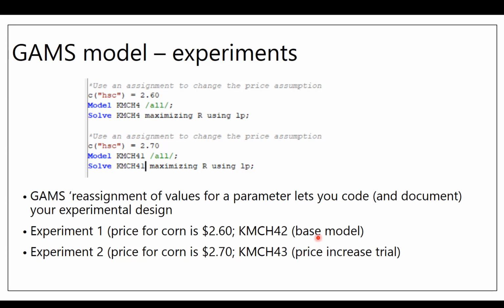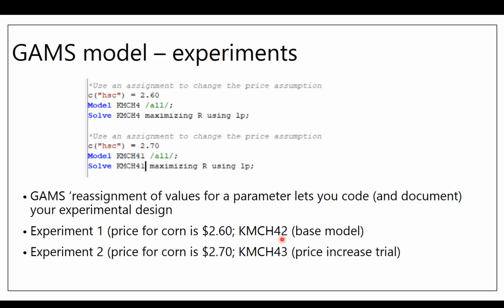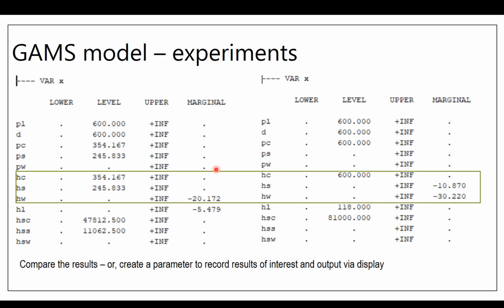So lowest price, second lowest price, third lowest price, because we're no longer saying we have some base assumption for price, we're saying we have a range of prices we want to consider. Looking at those two experiments though, 4.2 and 4.3, these are the results you should get.